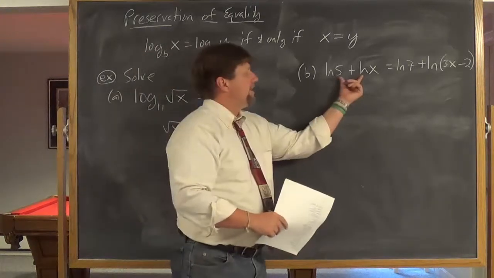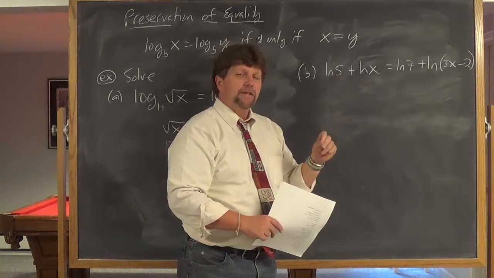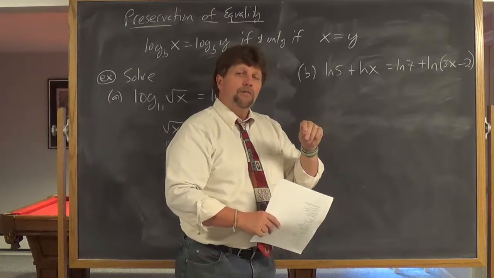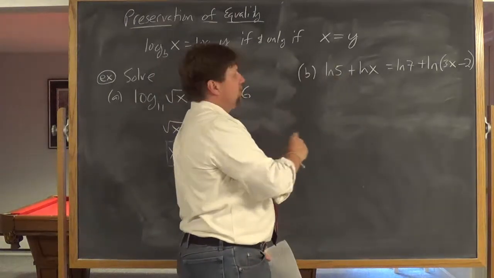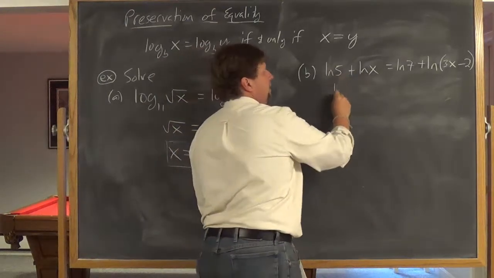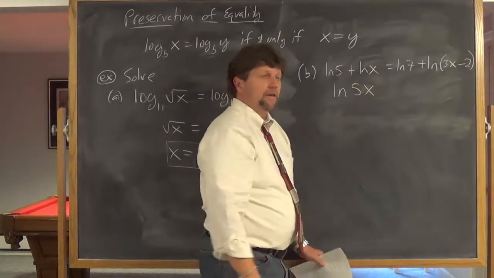For example, the left side of the equation is the natural log of 5 plus the natural log of x. Look back at law of logarithm number 1. This is an addition, so I can condense this down to the natural log of 5 times x.